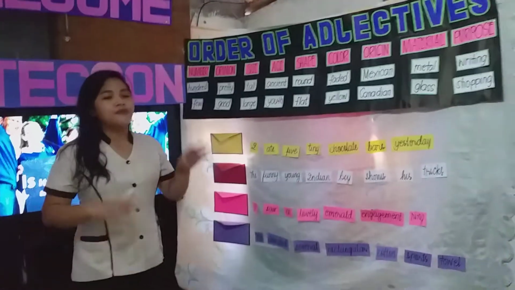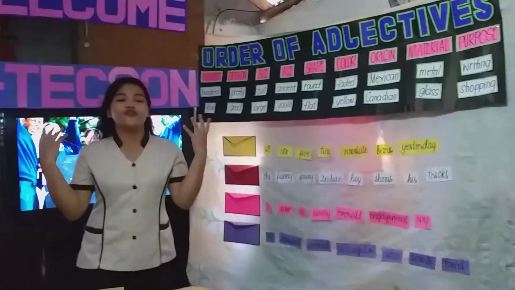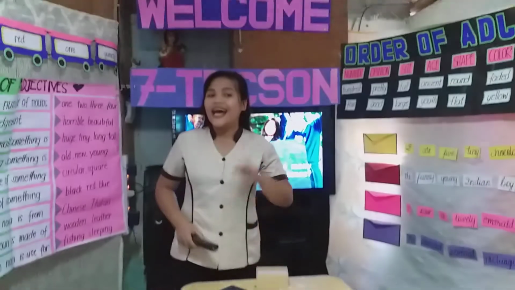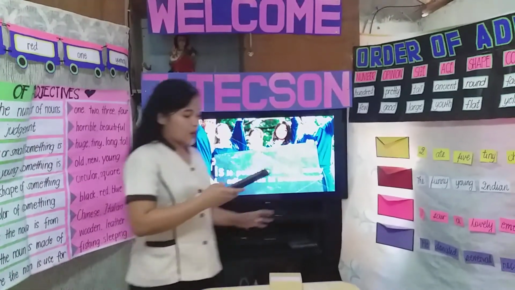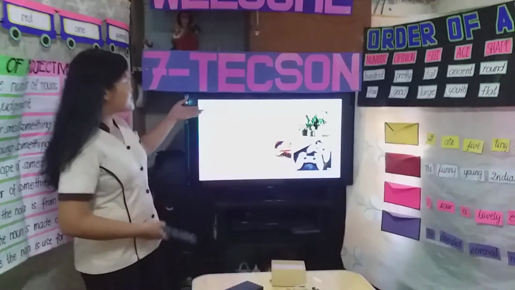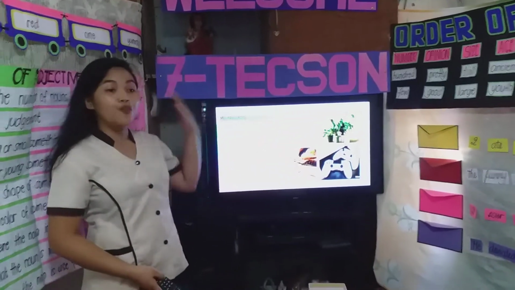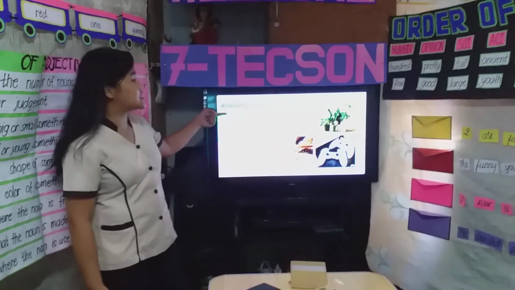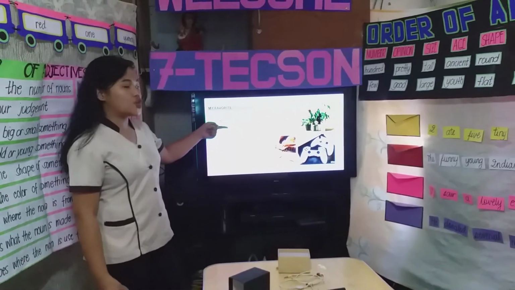So, I think you have already understood our topic. I will give you this last task. So, your task is what we called my favorite. So, for group 1, so the first group, your group is named as the Junior Master Chef.